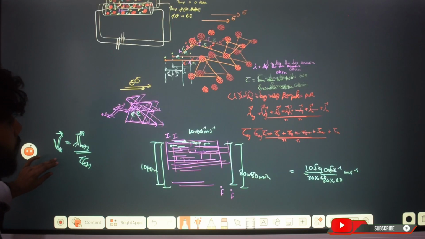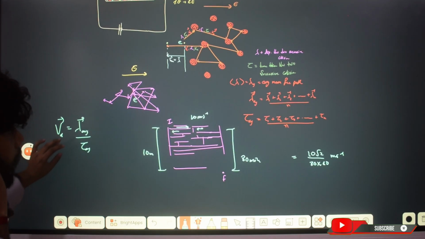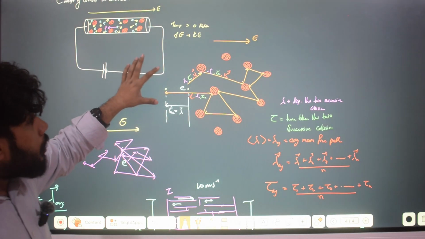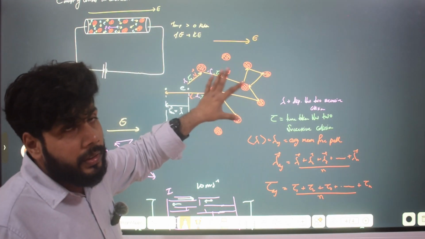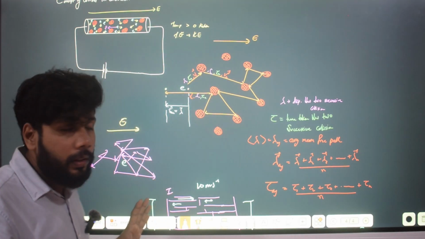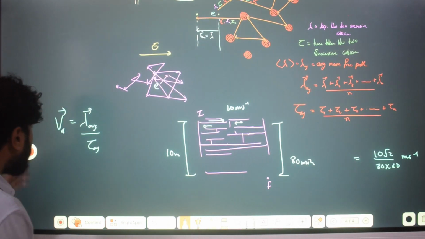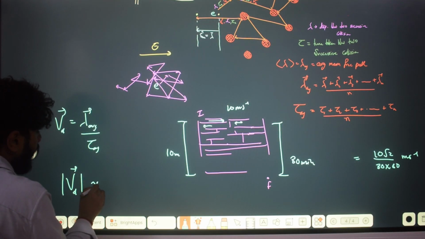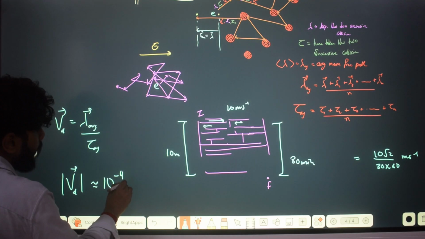Right. So what is average drift velocity? I will tell you again. You can write: the average velocity by which an electron moves in the direction opposite of the electric field created by the battery, that is our drift velocity. And the magnitude of drift velocity is nearly 10 raised to minus 4 meter per second.